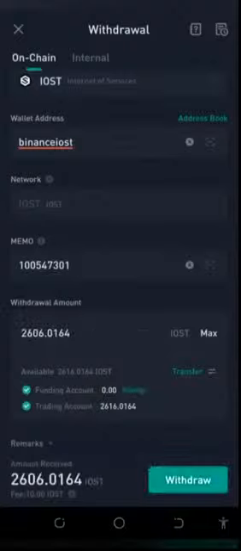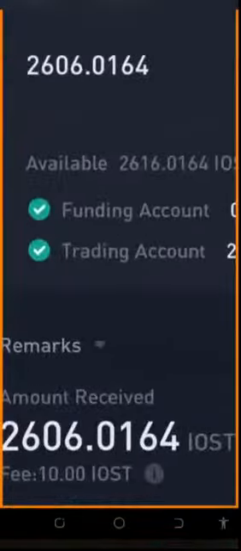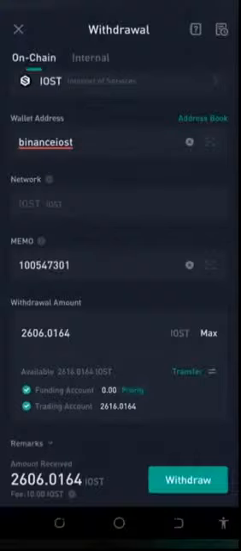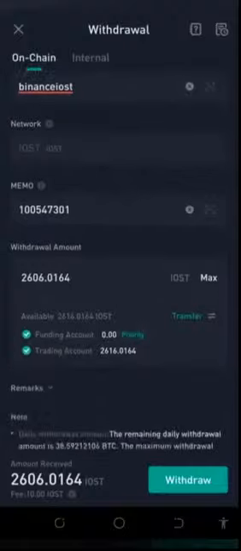Then we pick max. So what we get is 2606. Remember that there's going to be a withdrawal fee of about 7 cents. It says that the fee is 10 IOST, which is equivalent to about 7 cents. So we're going to go over and get this done. All right. One to go. Let's withdraw.